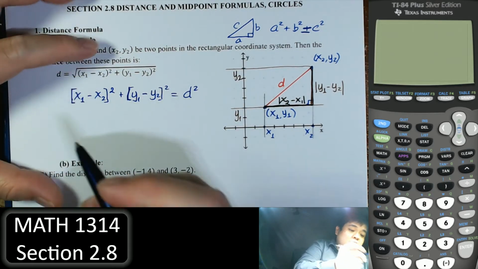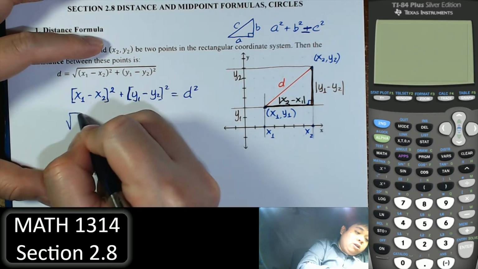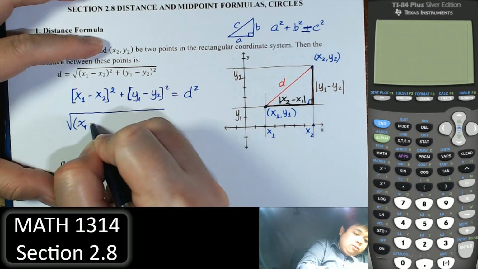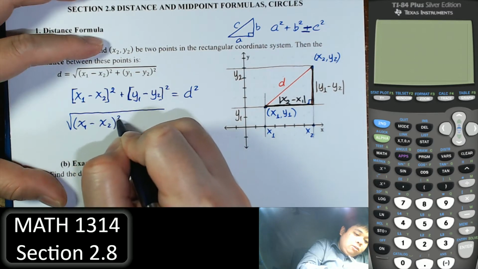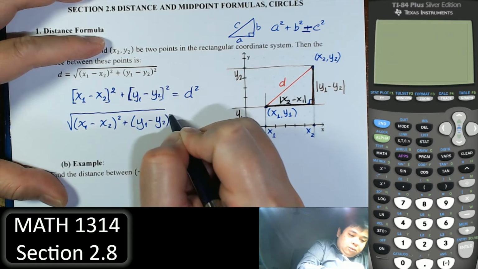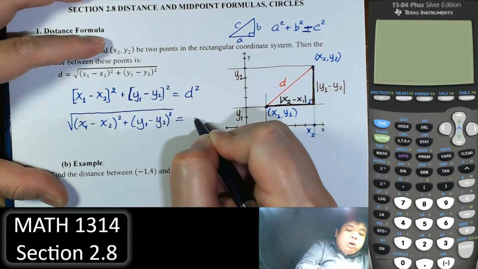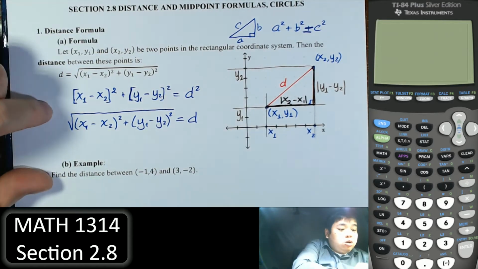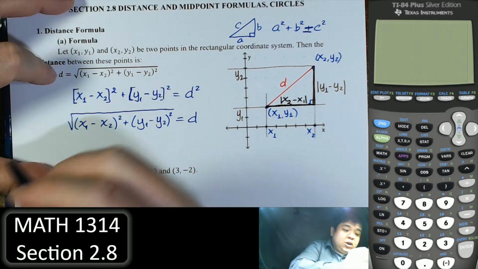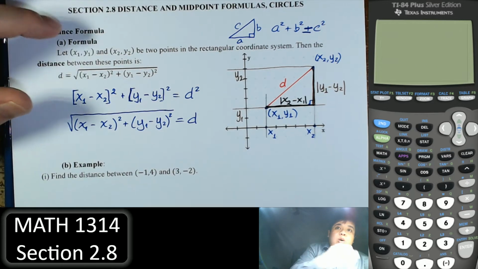And then we take the square root on both sides. Of course, when we take the square root on both sides, this will be plus or minus. However, the distance cannot be negative, so we only choose the plus sign, throw away the negative.